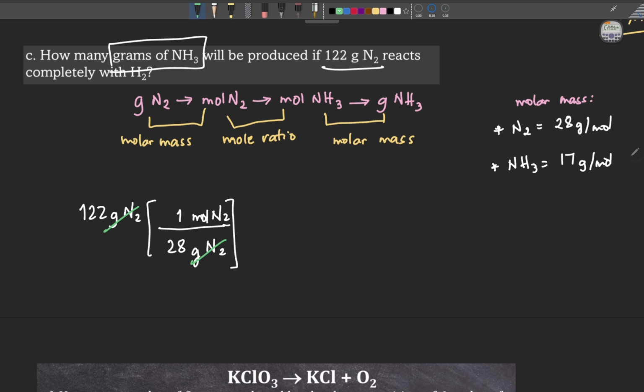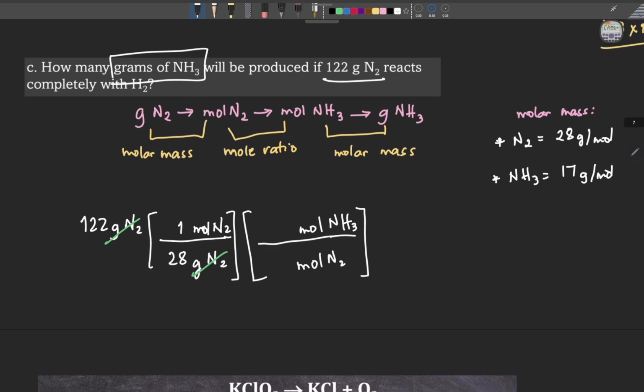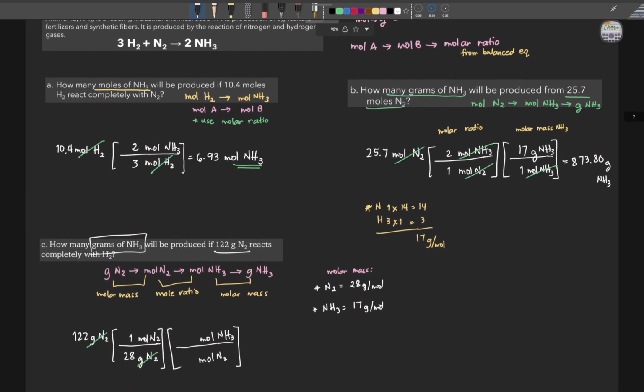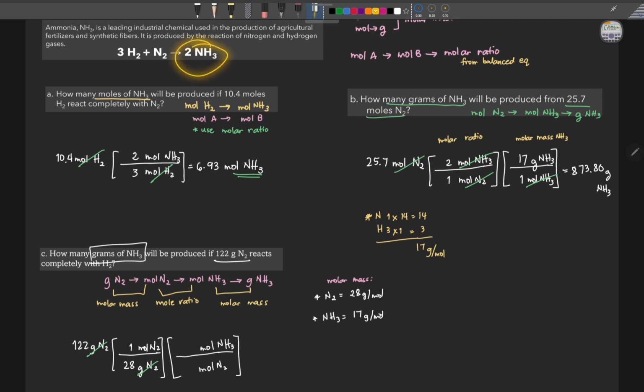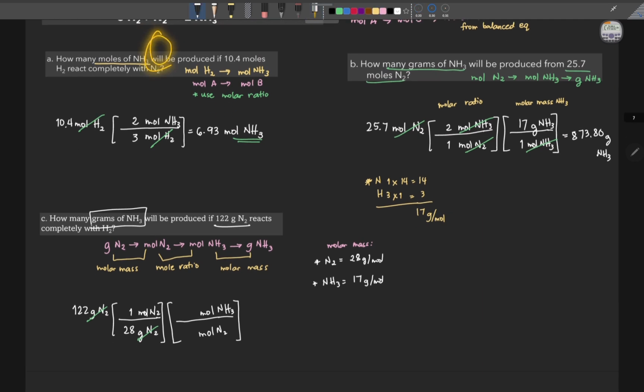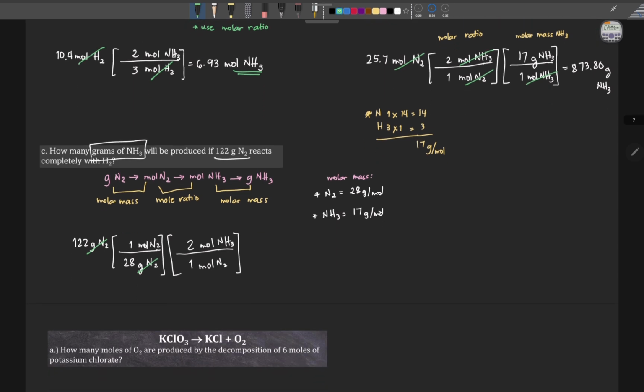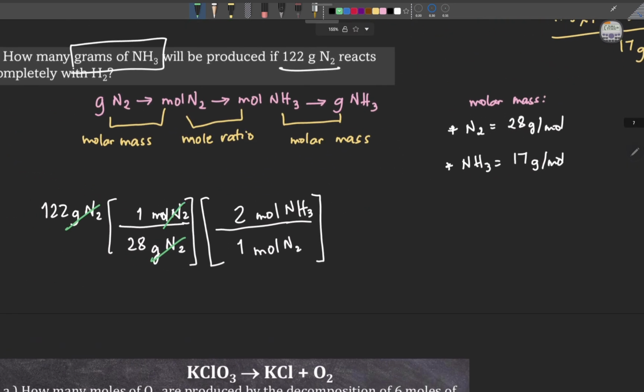Then we have to cancel the mole of N2 and convert that to mole of NH3. This is mole to mole, so that's molar ratio from the balance equation. So NH3, 2, and then N2 is 1. So 2 is to 1. Now we cancel this.